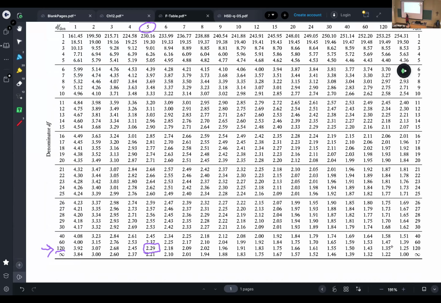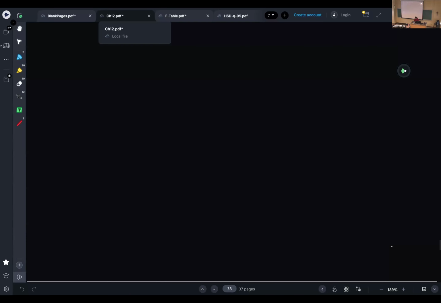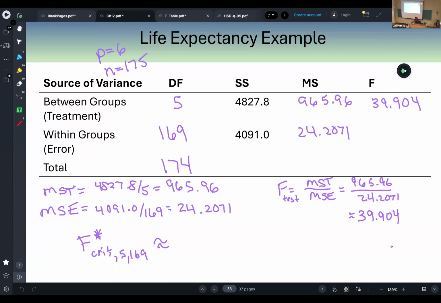We want 169 here, but we go to 120. 2.29 will give us a good estimate. All right, so 5 in the numerator, 120 in the denominator. That's going to give us F with 5 and 120 equal to 2.29.